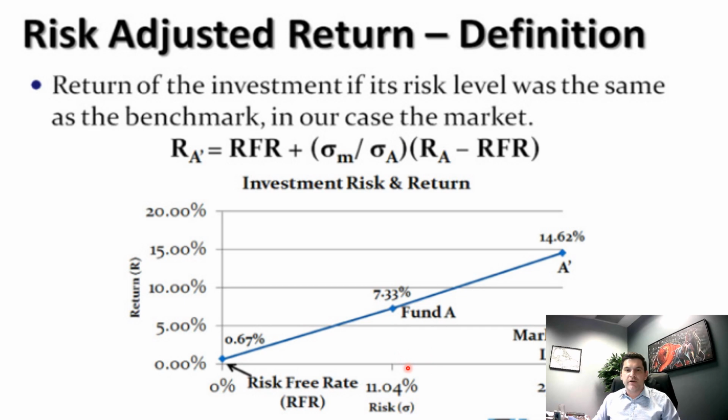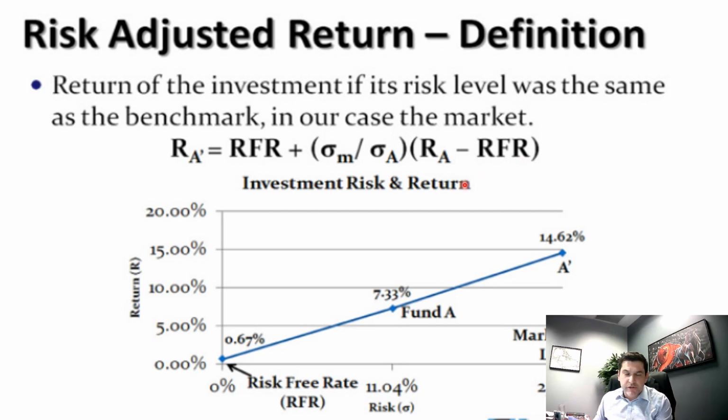So the way to figure out what the equal return of our fund would be at the same risk level that we're comparing it against to determine which is a better investment is simply by taking the return of the asset, which in this case Fund A is 7.33, and subtracting out the risk-free rate.